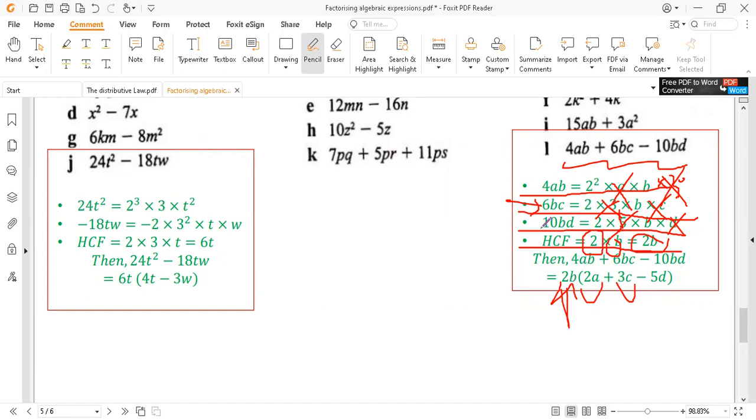Also we divide 10 by 2 to obtain 5, and dividing by B we obtain only D. So it is easy to obtain this factored form.